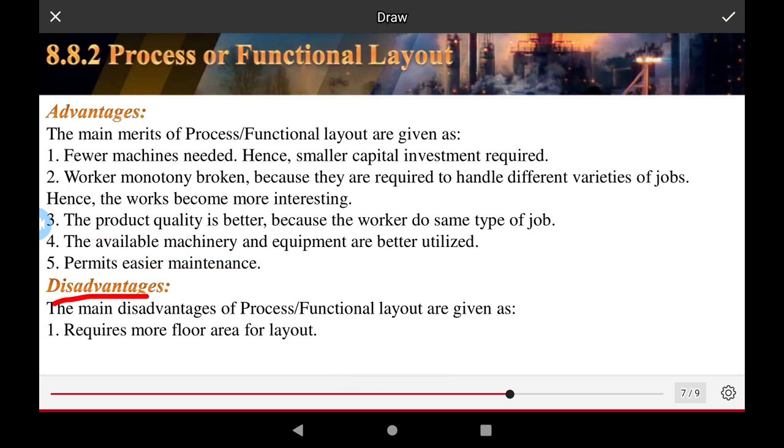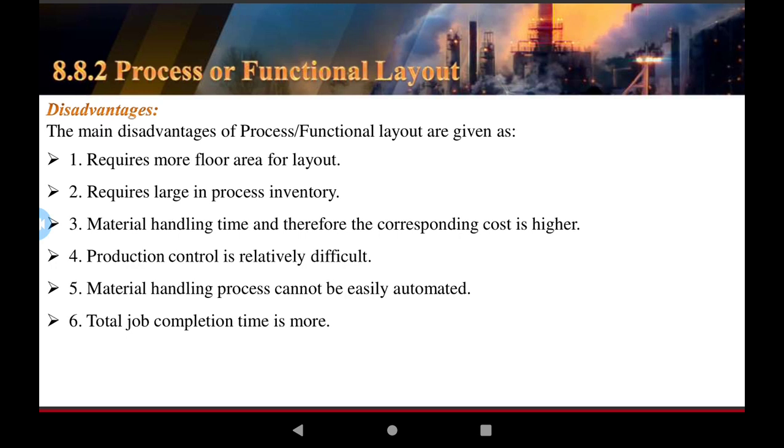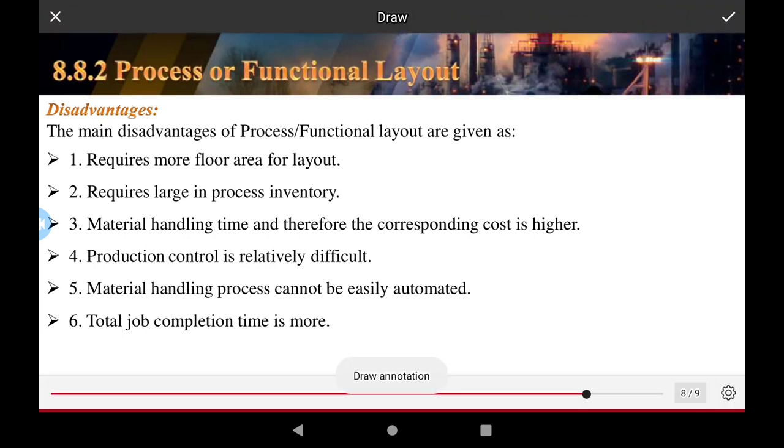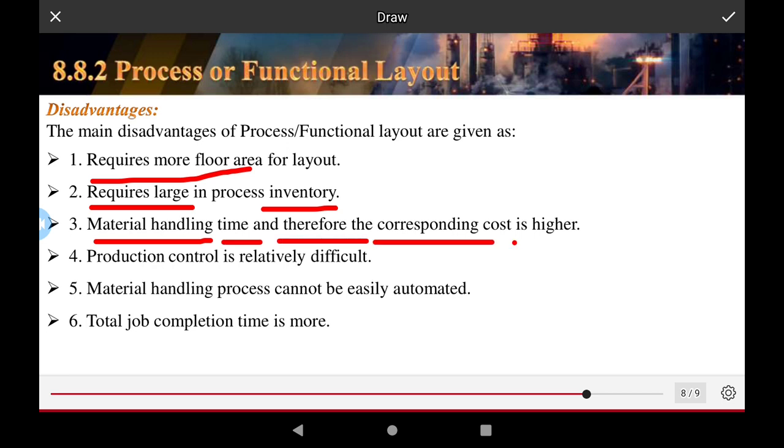The main disadvantages of the process or functional layout are as follows. It requires more floor area for the layout, and it requires a large work-in-process inventory. Because of the large inventory in the operation, the material handling time, and therefore the corresponding cost, is higher.